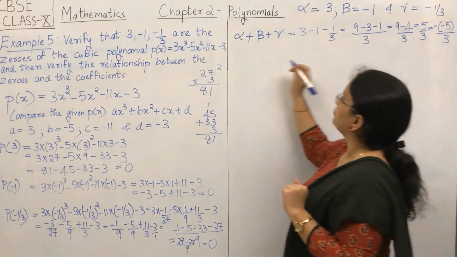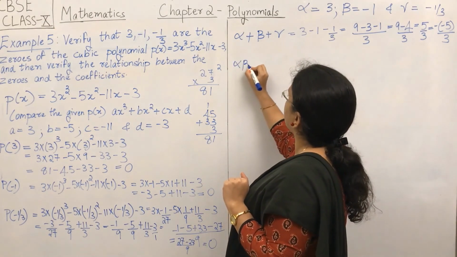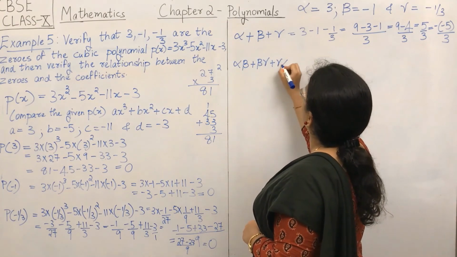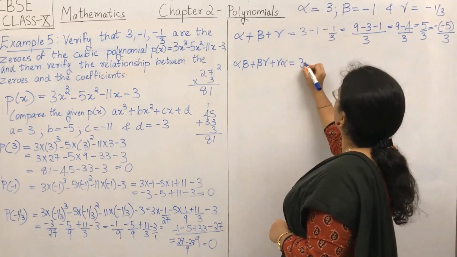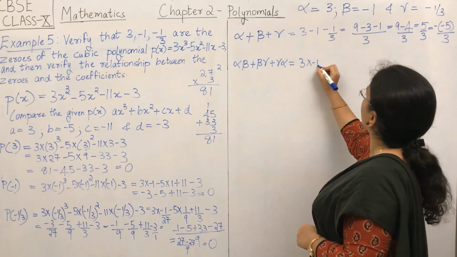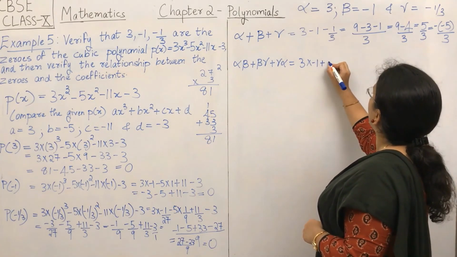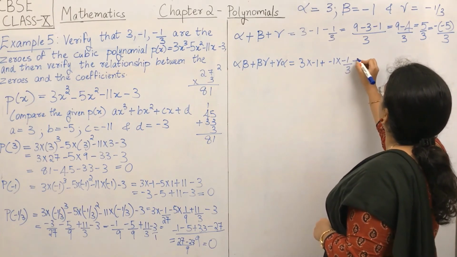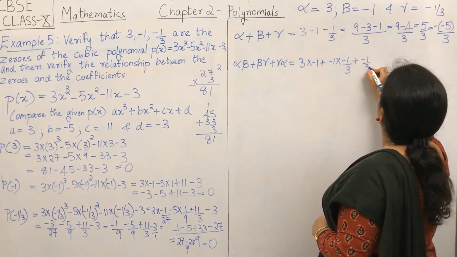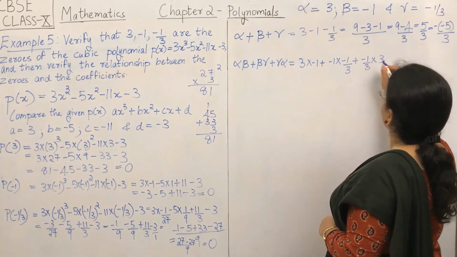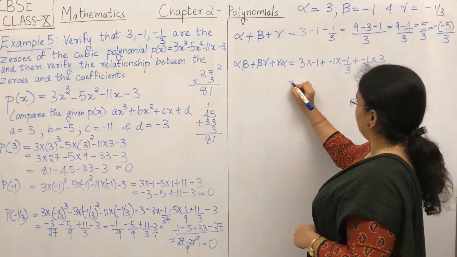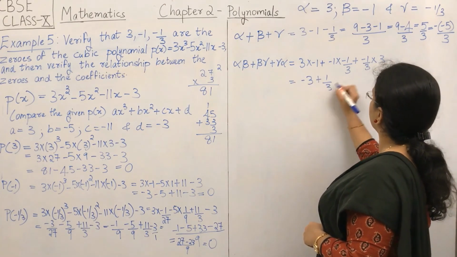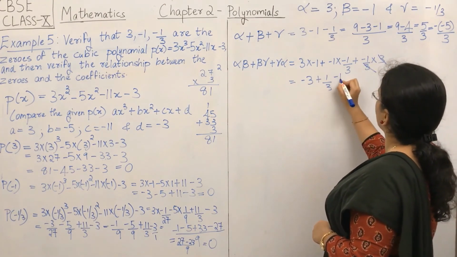Next one, alpha beta plus beta gamma plus gamma alpha equal 3 into minus 1 plus minus 1 into minus 1 by 3 plus minus 1 by 3 into 3. Here minus 3 plus 1 by 3, 3 and 3 cancel out, minus 1.